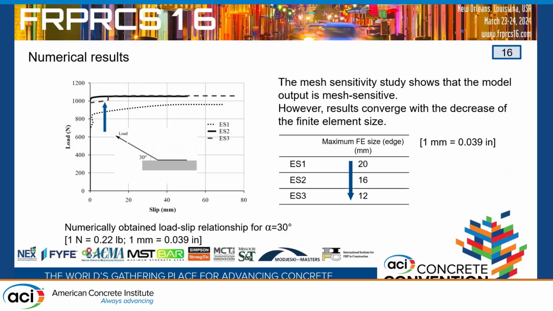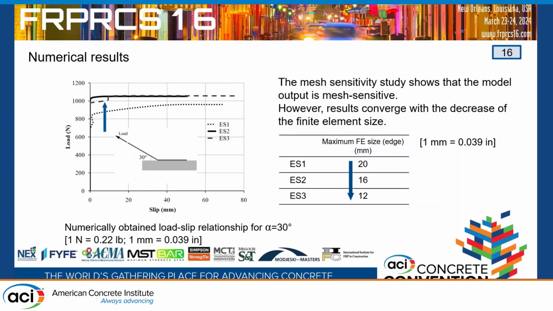So, some numerical results. This is the reproduction of the model setup with an angle of inclination of the inclined FRP plates of 30 degrees. As you can see, the procedure, generally speaking, is mesh dependent, but with the decrease of the size of the finite elements, you have convergence.